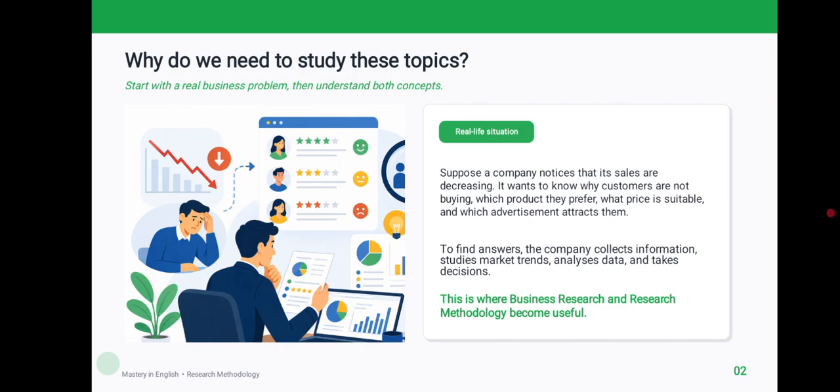So this is where business research and research methodology become very useful.